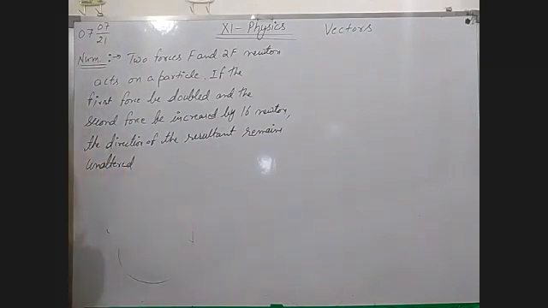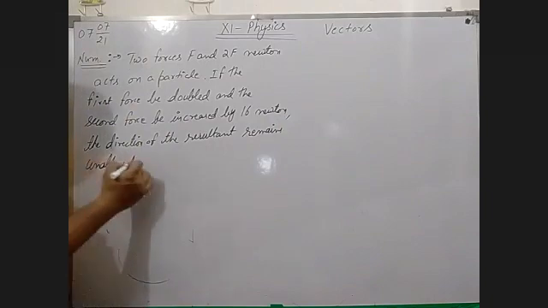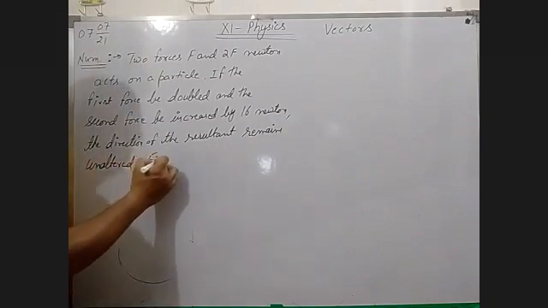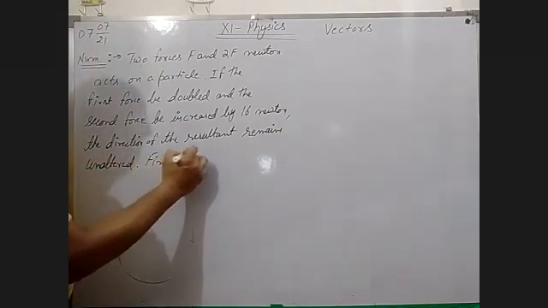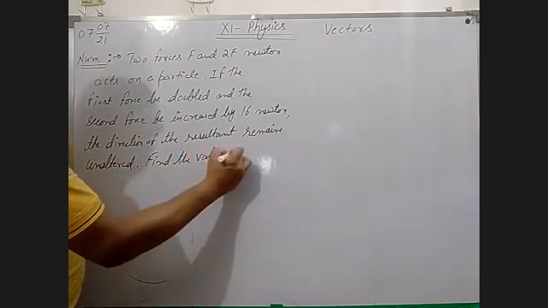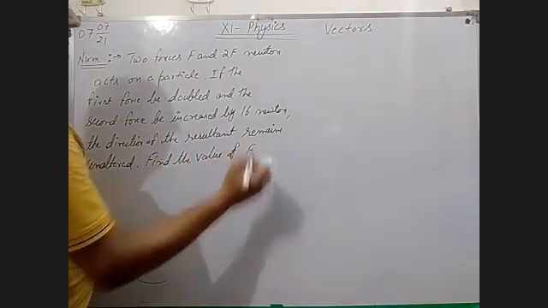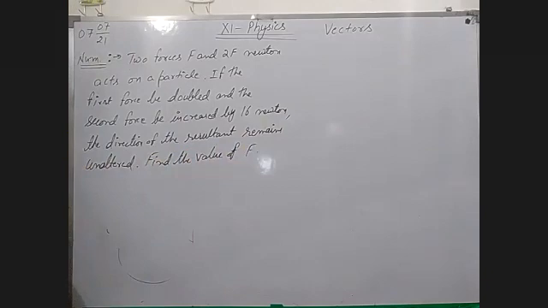There is no change in its direction. Find the value of F. You have to calculate the value of force in this situation. Now let the resultant make an angle beta with the direction of force. Now the solution.